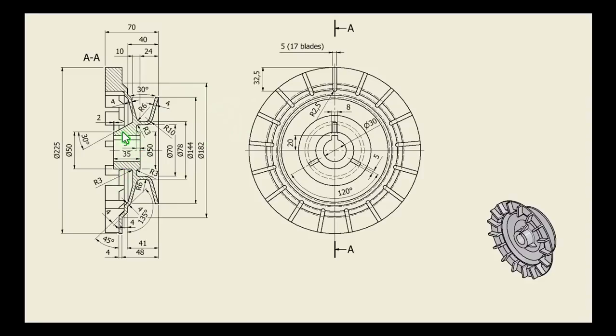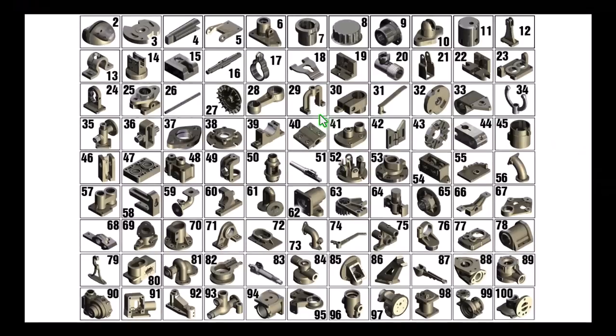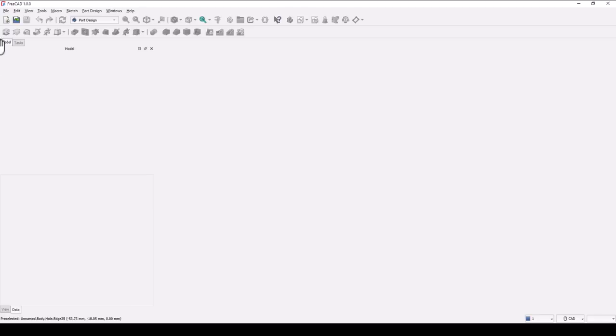But we'll start with this hub with a diameter of 50, length of 35. We'll place the center point right here, and this point. This part is number 27 from my collection of 100 mechanical parts.